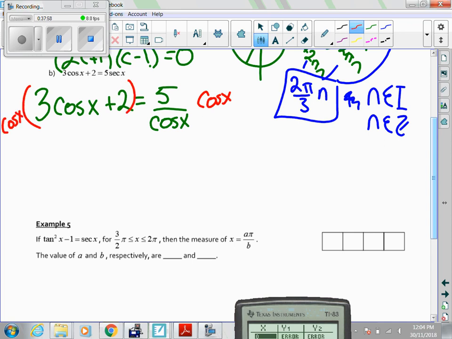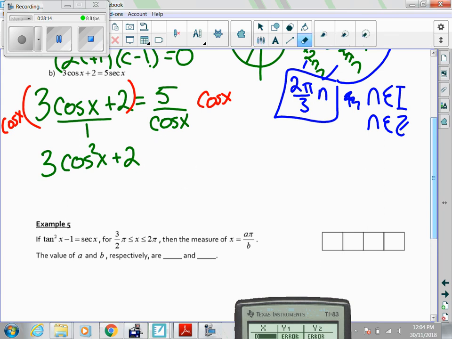You can even think about cross multiplying. That's the word I'm trying to make in my head. But anyway, 3 cos squared of x plus 2 cos x equals 5. And now I'm going to bring this over to the other side.